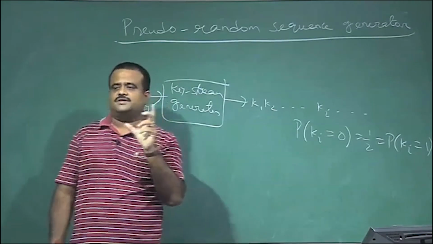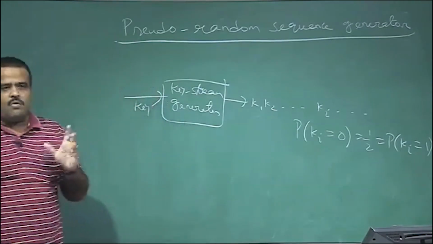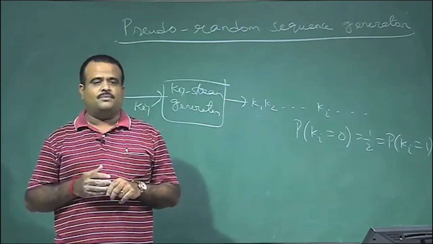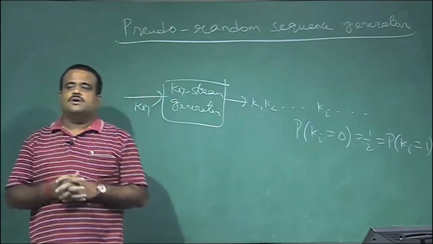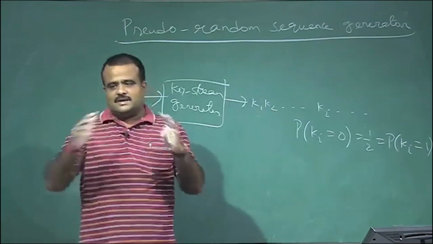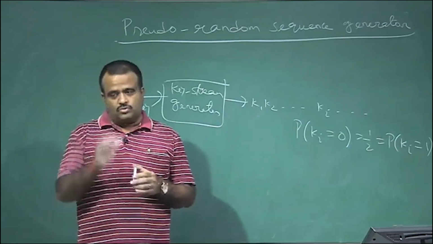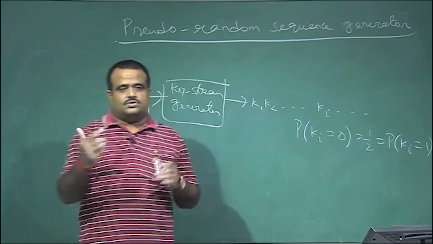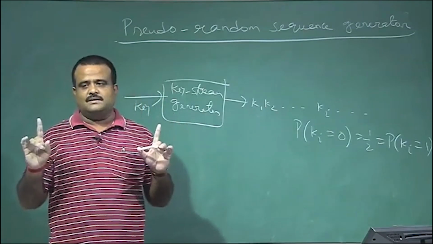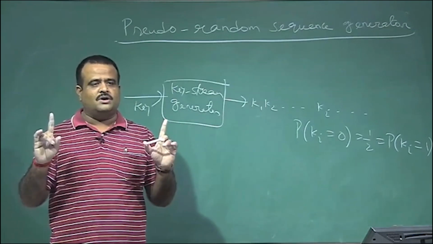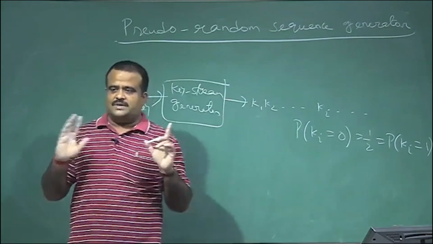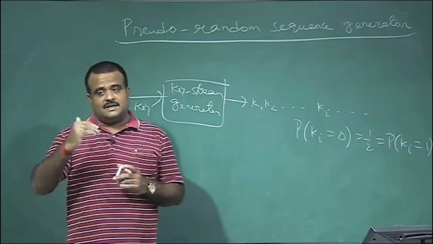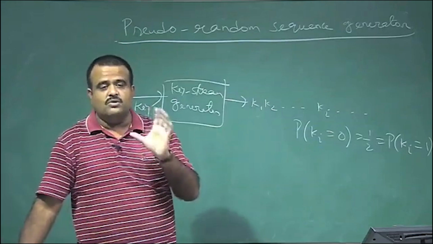If we have a key stream generator, we will see how good it is, meaning how much randomness is there. So, we have to do some randomness tests. Those are basically some necessary tests for a truly random sequence. So, those are properties a truly random sequence must have. If we are getting a sequence, if we take a period of that sequence and run some tests and pass them, then those tests are basically necessary conditions for a truly random sequence.